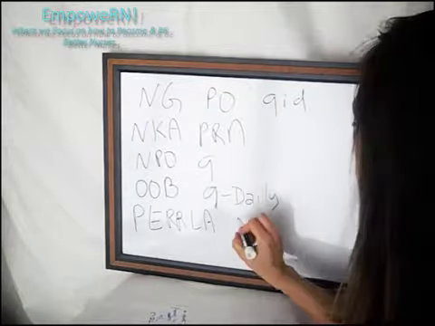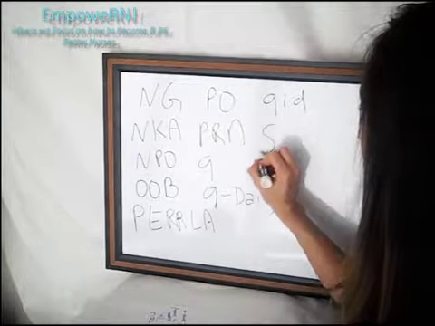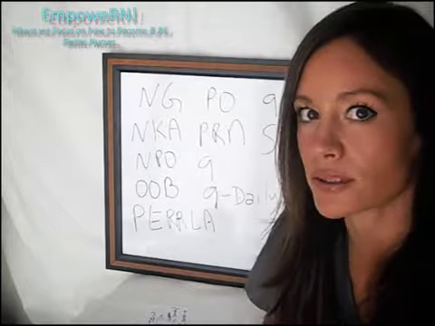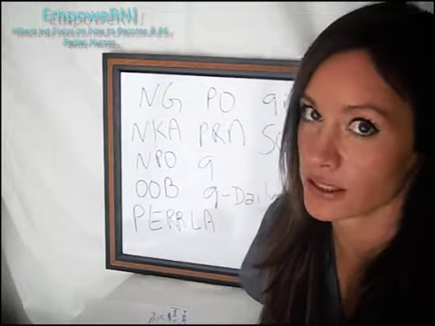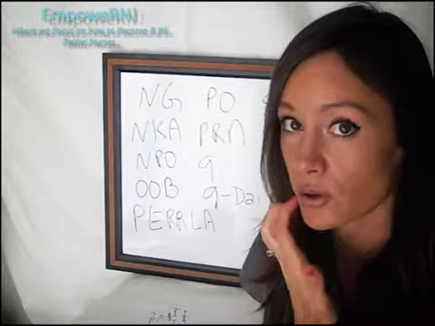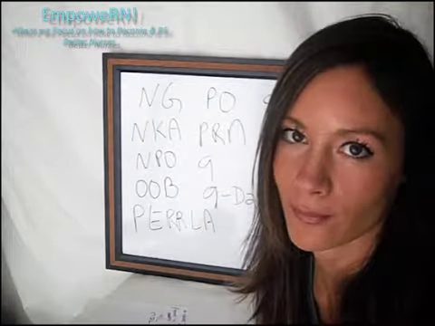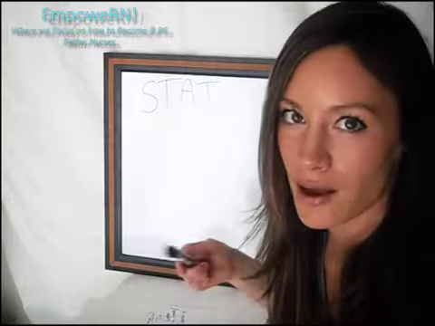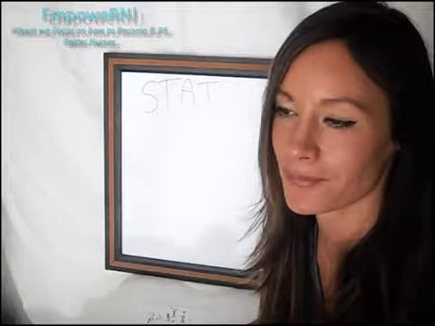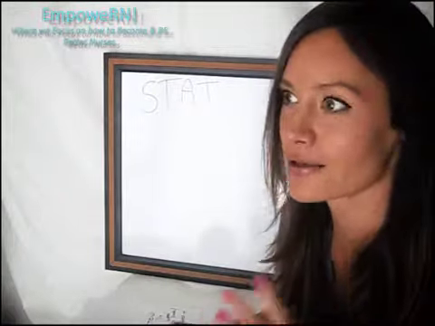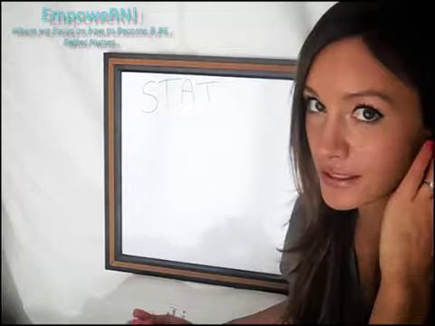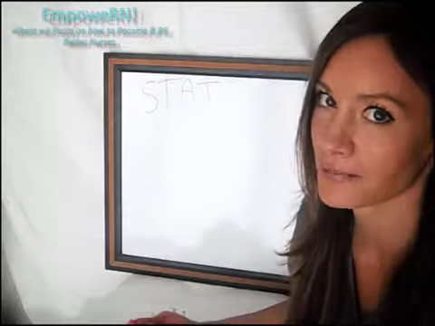Let's see, SOB. SOB we use a lot because we get a lot of patients that are admitted for this, and this is shortness of breath. I ran out of room, hold on. STAT, I'm sure you've heard that before, but STAT means immediately, as soon as possible. Like this is your main priority at that time.